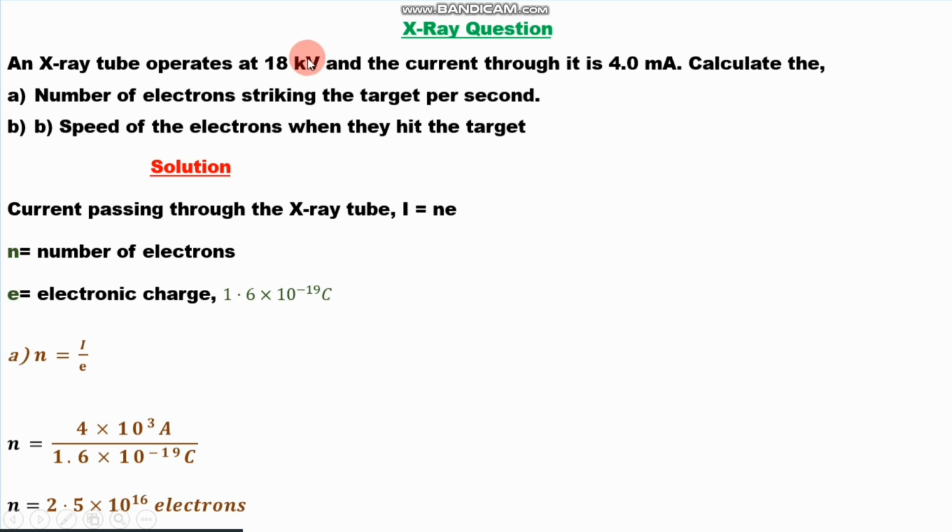Now when electrons gain this voltage, it is converted to electron volts, eV. This electronic voltage is converted to kinetic energy, which moves electrons to the target. Now we can have this formula.